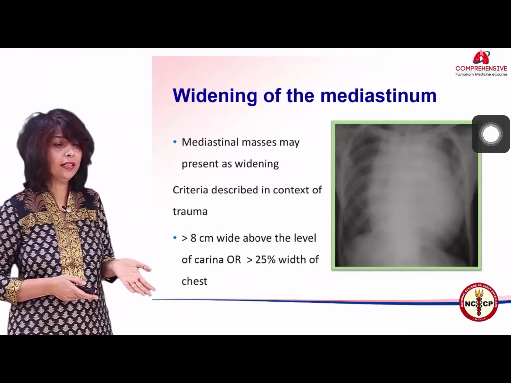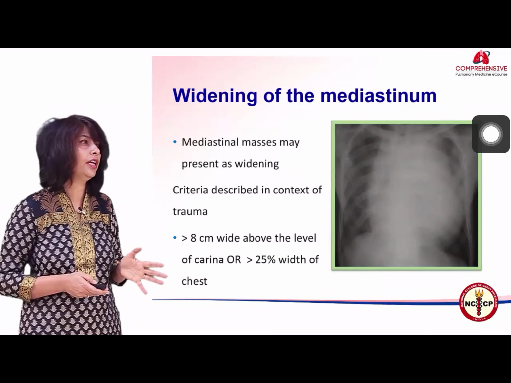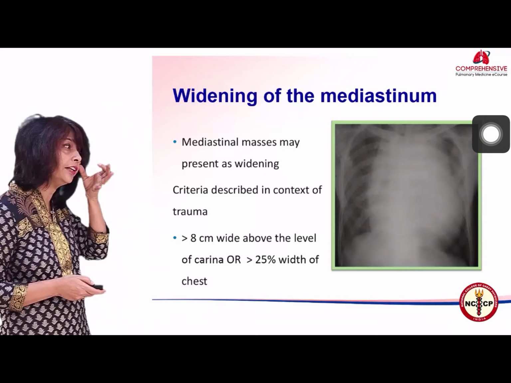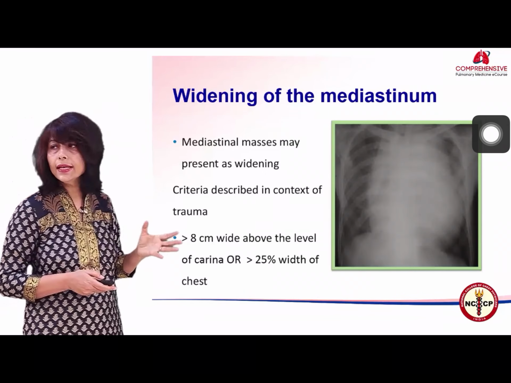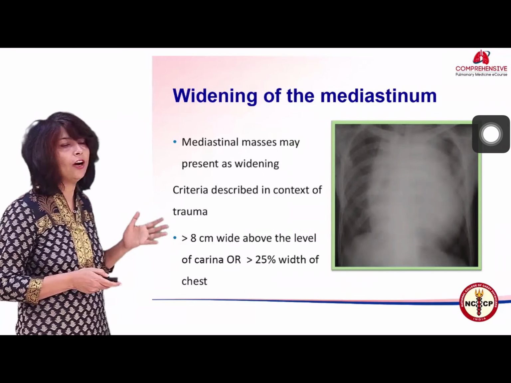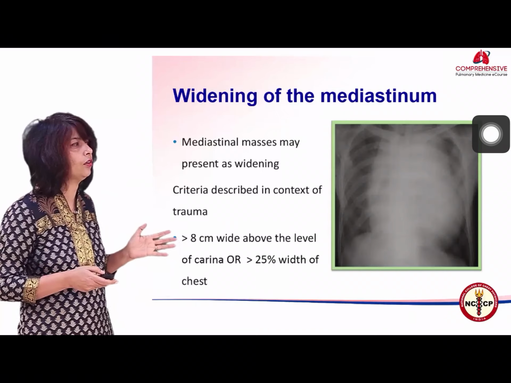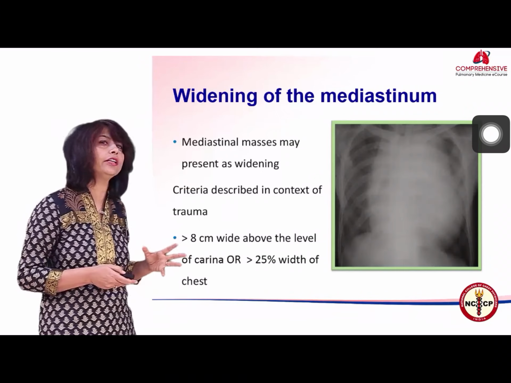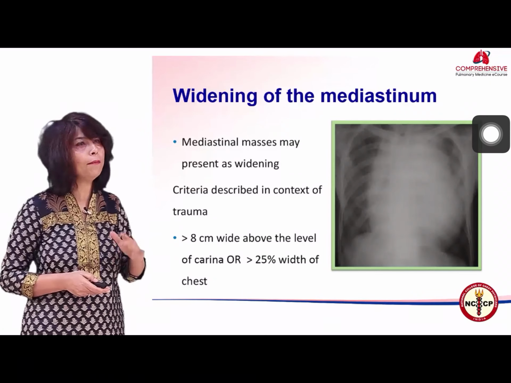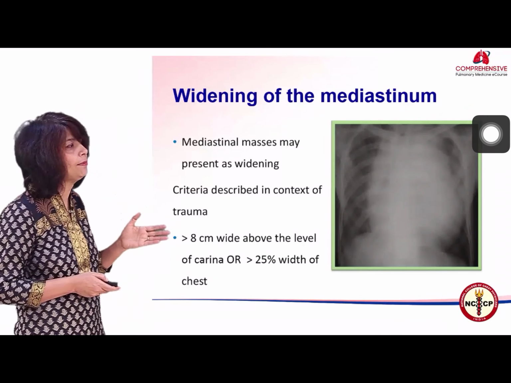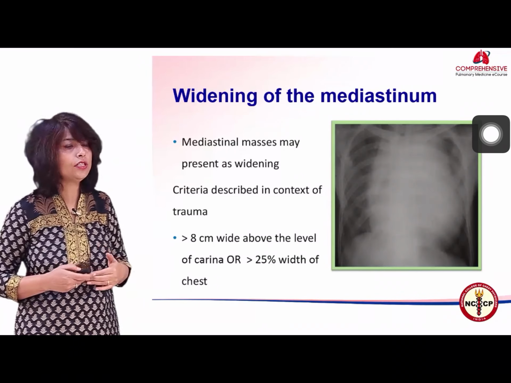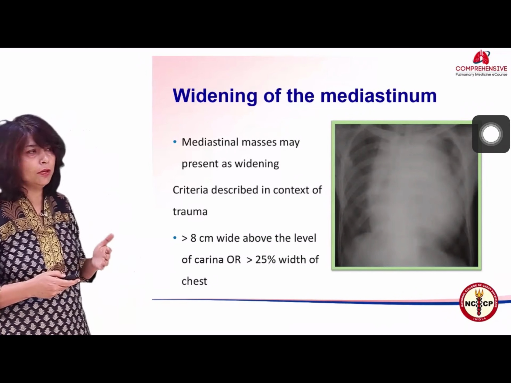Often I am asked, what are the criteria for saying mediastinal widening? You will come across a criteria of 8 centimeter or more than 25% of the transverse width of the chest. But actually, this criteria is not described in context of masses. It has been described in the context of thoracic trauma as to when to suspect a mediastinal hematoma.